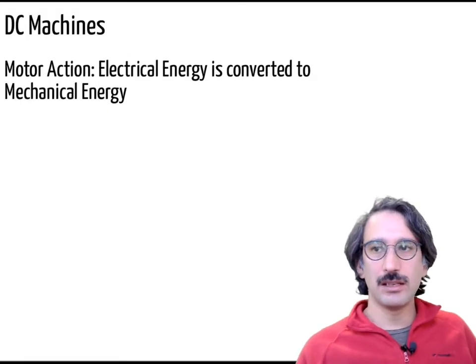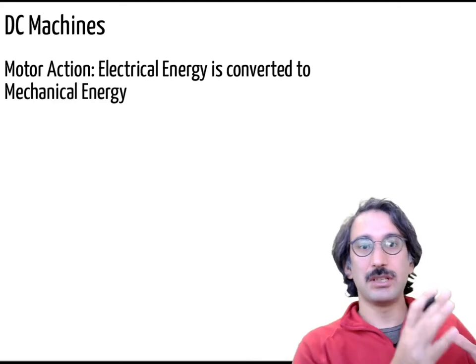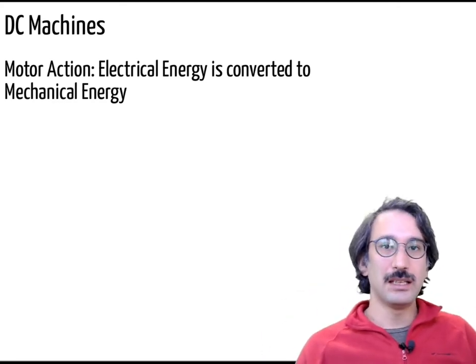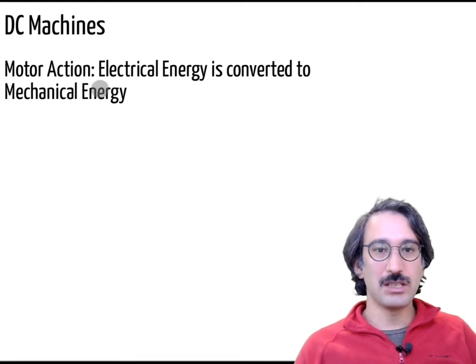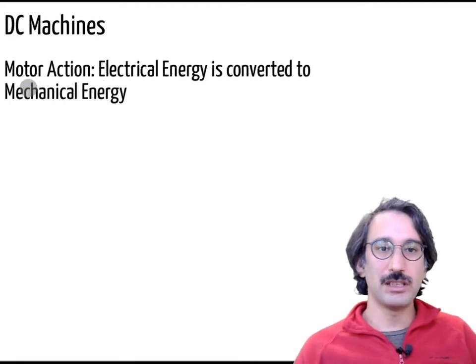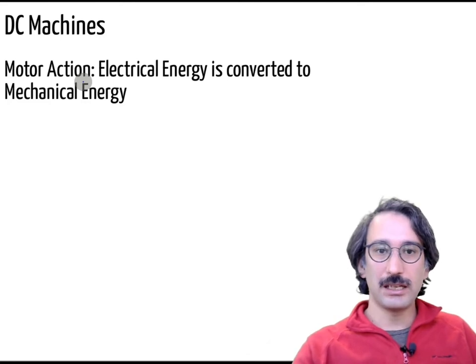Again, there's an important thing. We don't have separate devices for motoring or generating. We call them electrical machines or DC machines, and motoring and generating is just a mode of operation. If you are in the motoring action, then electrical energy is converted to mechanical energy.